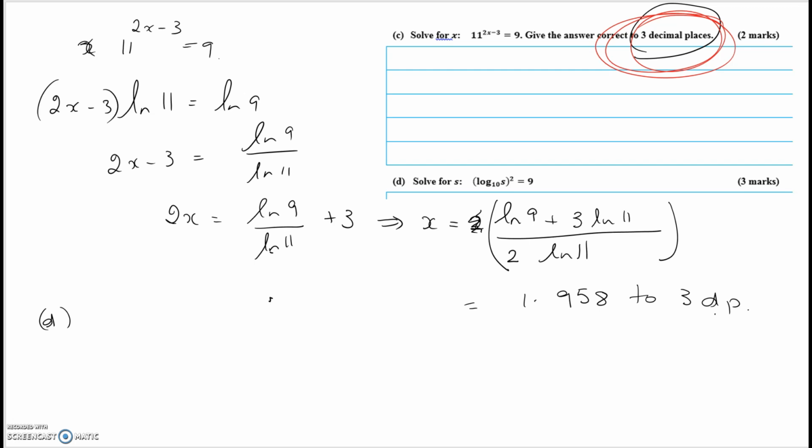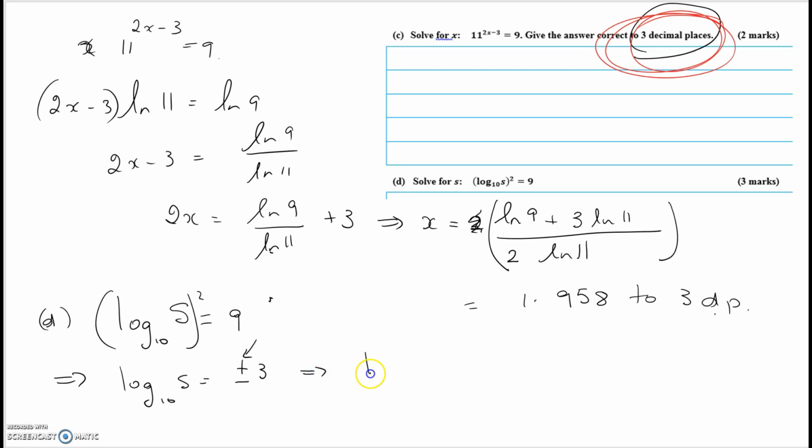Question D says solve for log to the base 10 of s squared equals 9. To undo squaring, we square root it, so log to the base 10 of s equals the square root of 9, which is plus or minus 3. Don't forget, plus or minus 3.